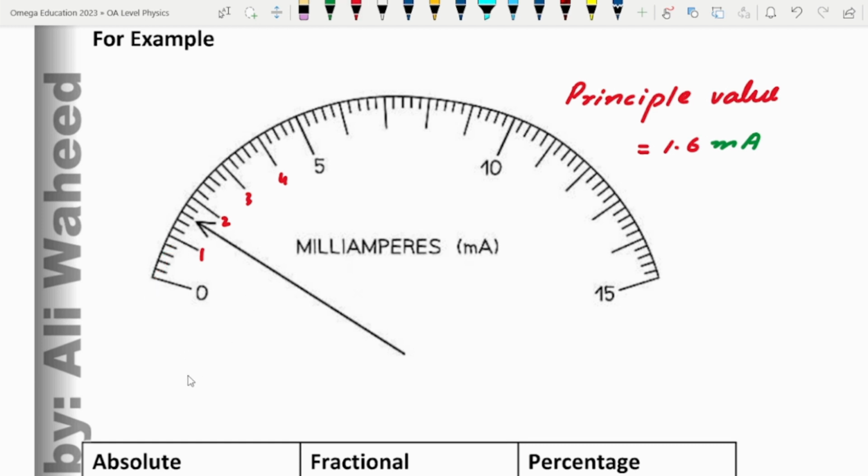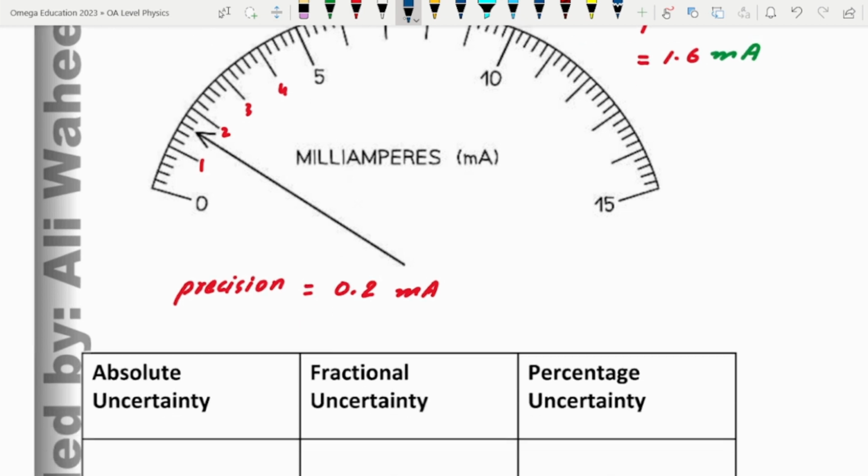So the precision, or the smallest division, is 0.2 milliamperes. Do not forget to write the unit. We always write the unit with everything. So 0.2 milliamperes is the smallest reading that can be taken with this ammeter, and the principal value, or the reading that you're getting from this ammeter, is 1.6 milliamperes. Just keep these two things in your mind, because we'll be using these two when we express the uncertainty.